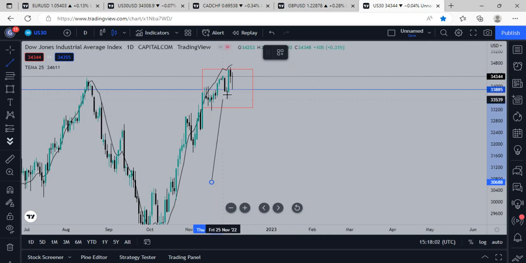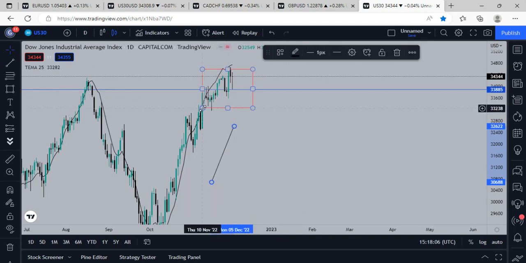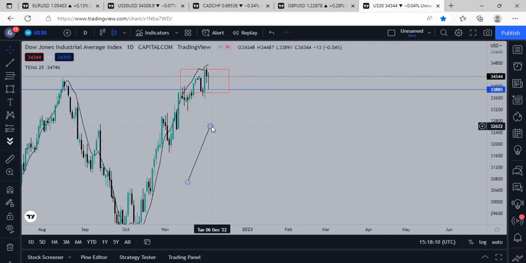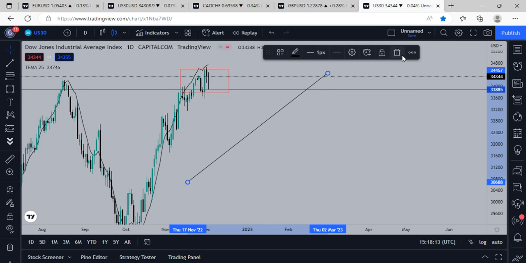This is our most recent higher low, right over here. So actually, I want to focus on this area, and I want to see what price does in that area.